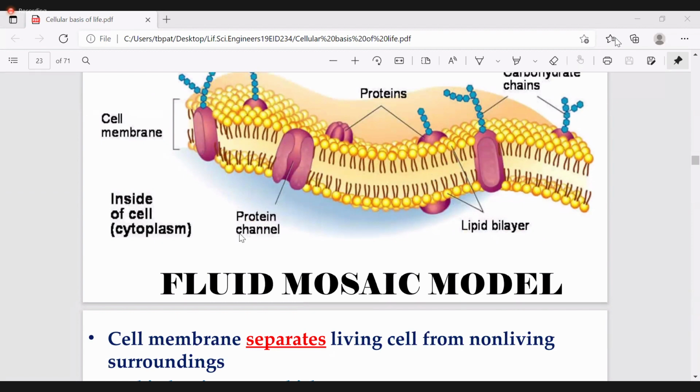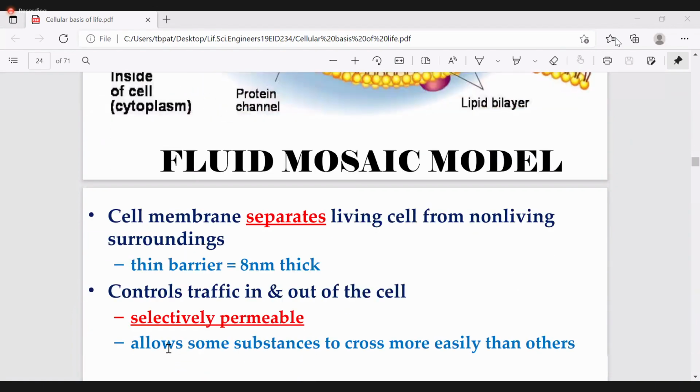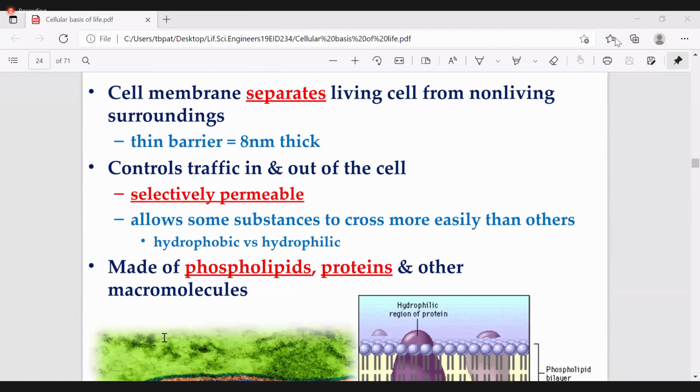These protein channels can release or stop substances going into the cytoplasm. Just like the cell wall, it acts as a gate. We already identified the fluid from outside to inside.